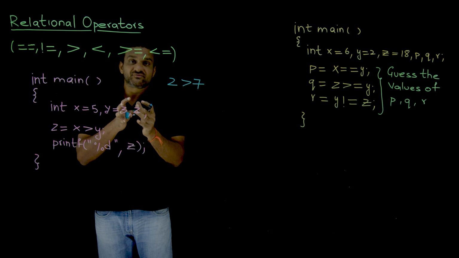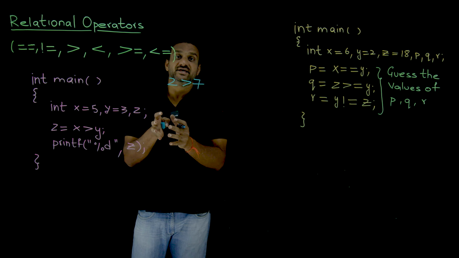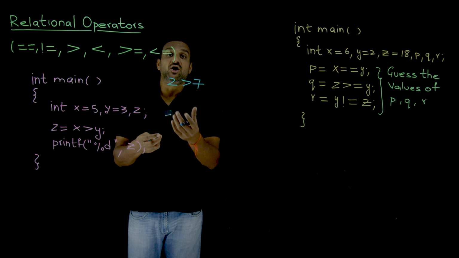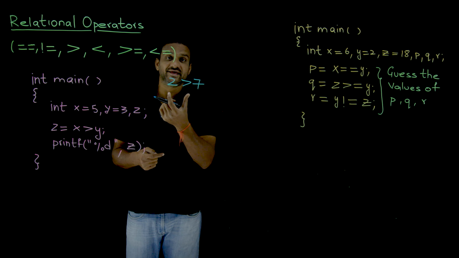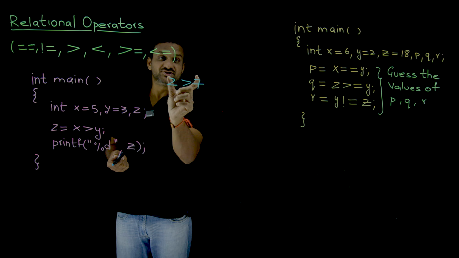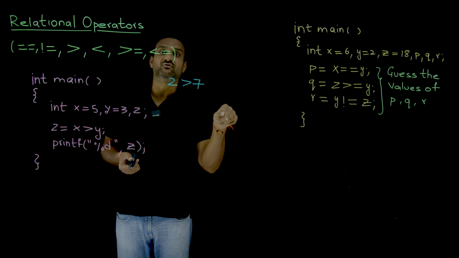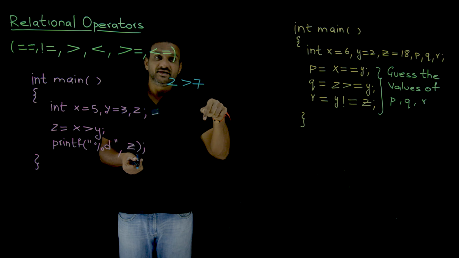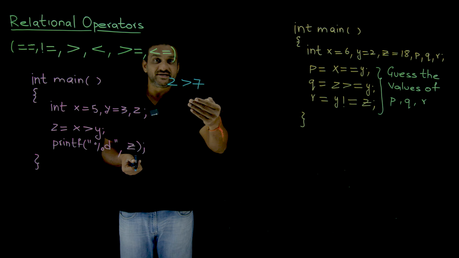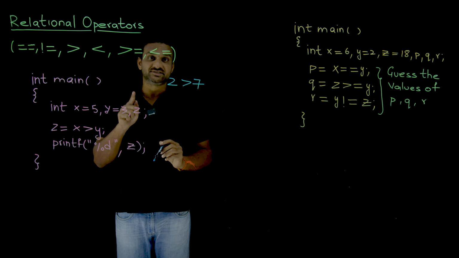Whenever we use relational operators in programming languages, what is the outcome? The outcome of a relational operator is whether the relationship between these two operands is true or false. In C programming language, the outcome of the relational operators is going to be 1 or 0.